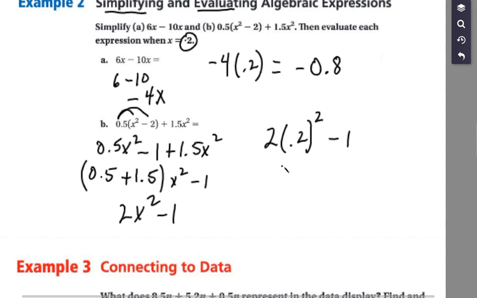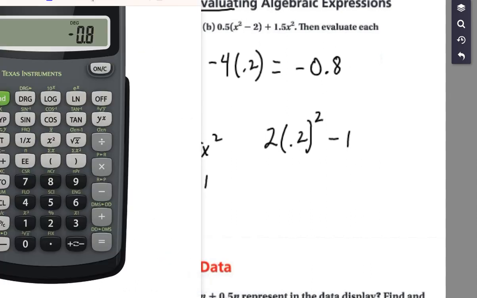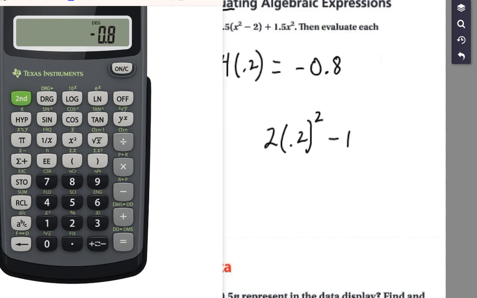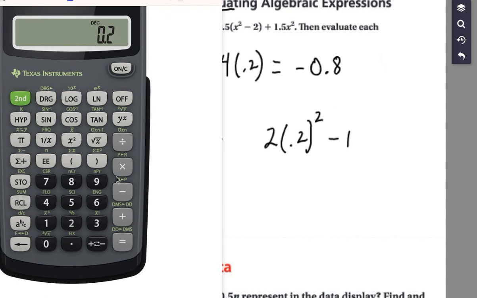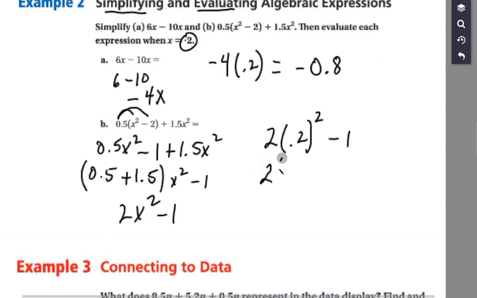Okay, so 0.2 squared, right? That means 0.2 times 0.2, so that's going to be 0.04. So this will be 2 times 0.04 minus 1.